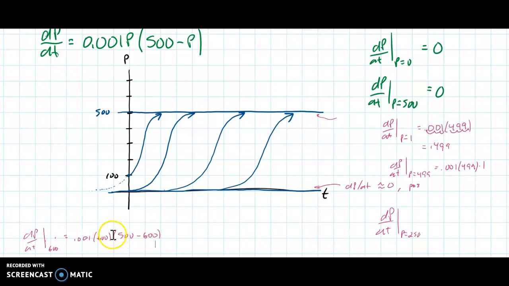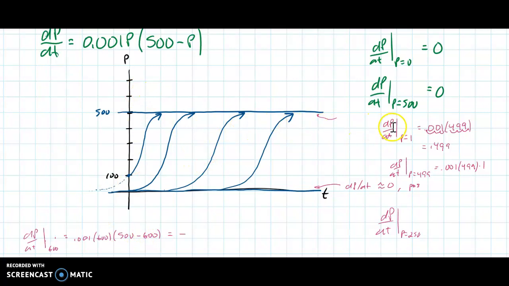What I want you to see is that this is negative. This piece is always going to be positive because we're always above that 500, so these numbers are always going to be positive. But then if I take 500 and subtract something that's above 500, it's going to be negative, okay? What that means is that we've got things that are going down.